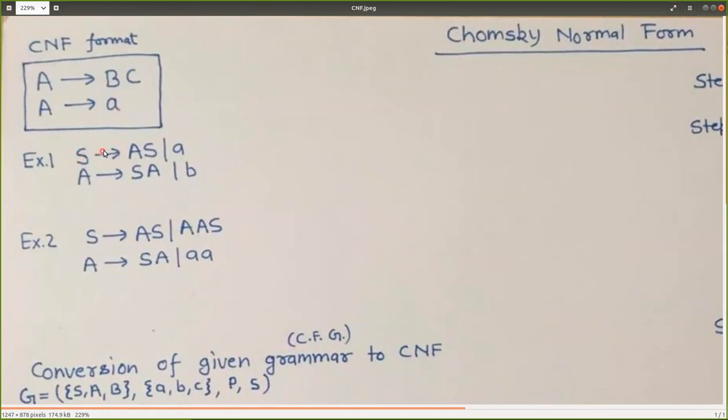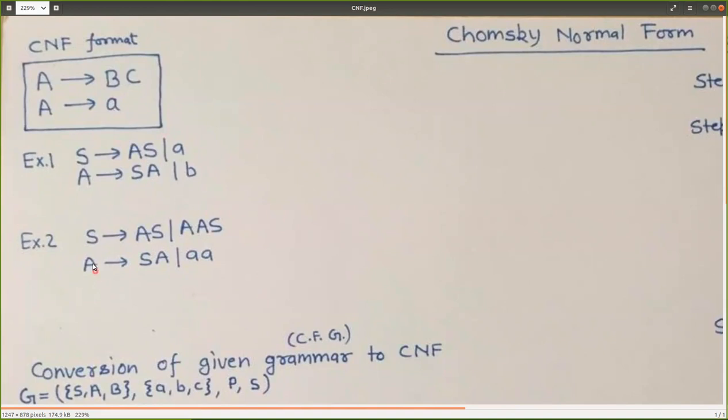S goes to AS is in this format, and S produces a is in this format. Similarly here, A produces SA is of this type, and A produces b is of this type. So in this grammar, all four productions are in CNF format. So we would say this grammar is in CNF or Chomsky normal form.